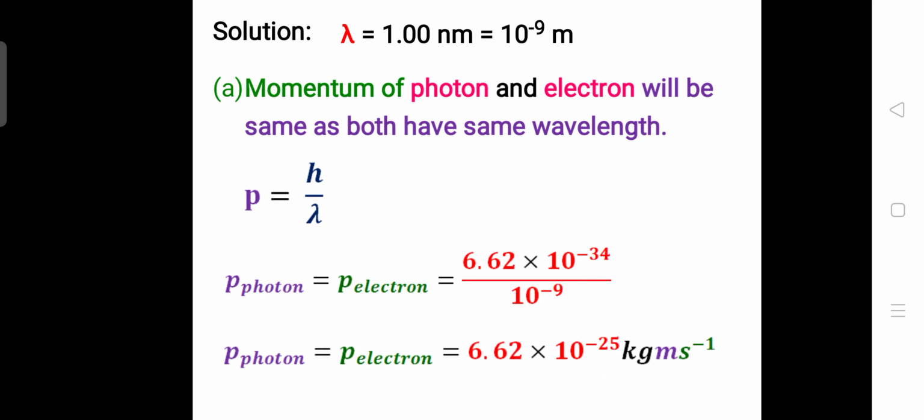On solving, we will get 6.62 into 10 raised to power minus 25 kilogram meter per second. This is the momentum of photon and electron, both are the same.